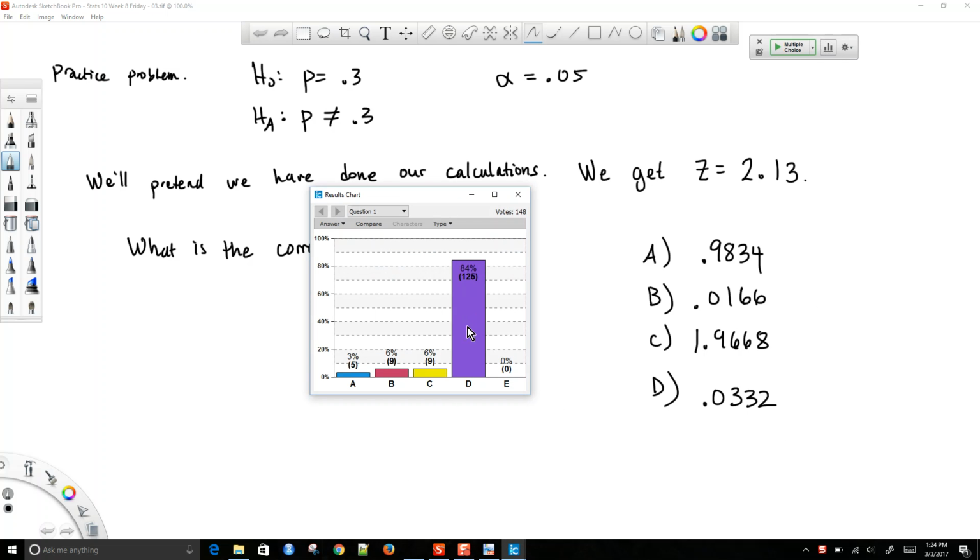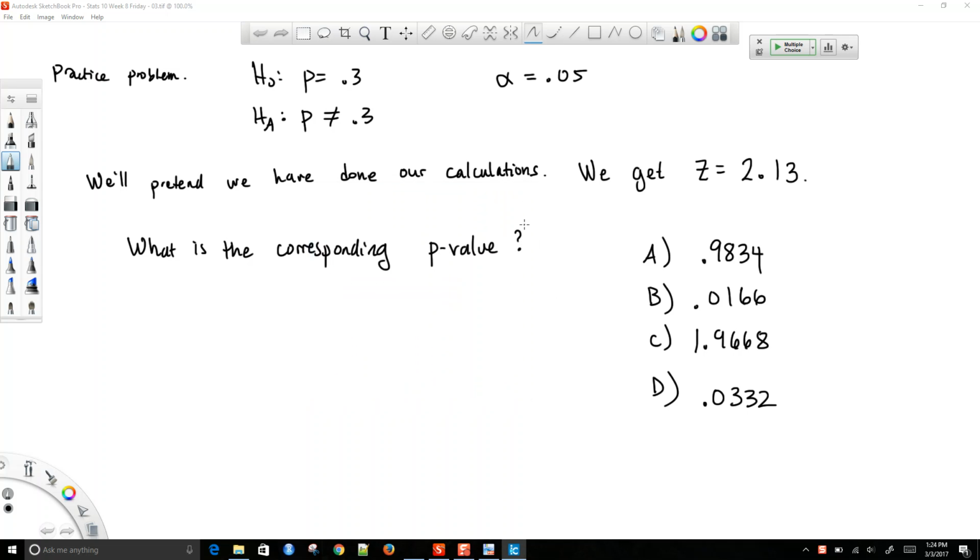Okay, and yes, the answer here is D, but let's address how we went about doing this. The key here is that we have a not equal sign in the alternative hypothesis, so the p-value is equal to 2 times our tail area.